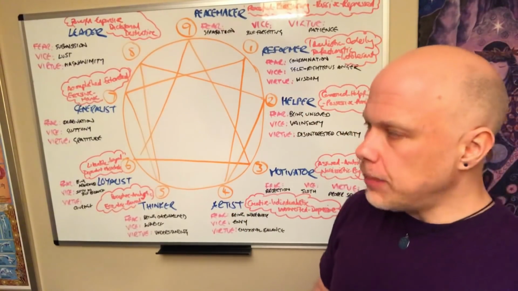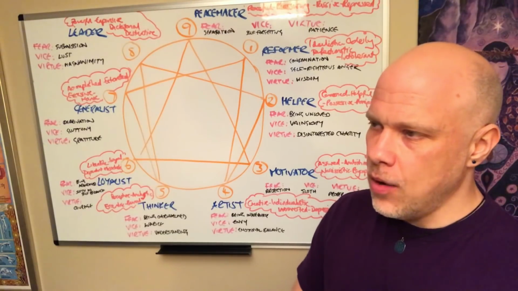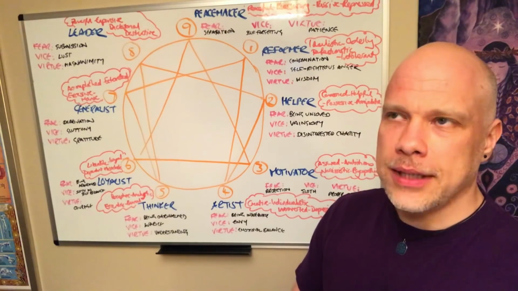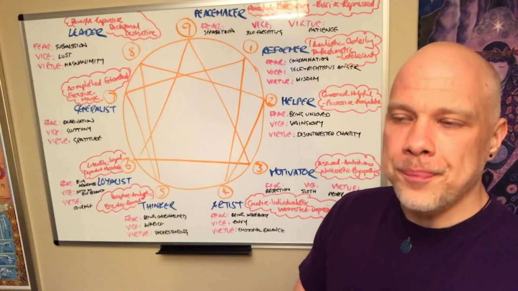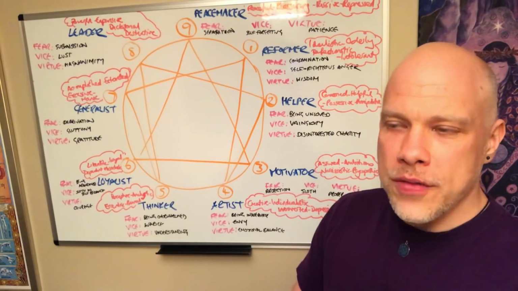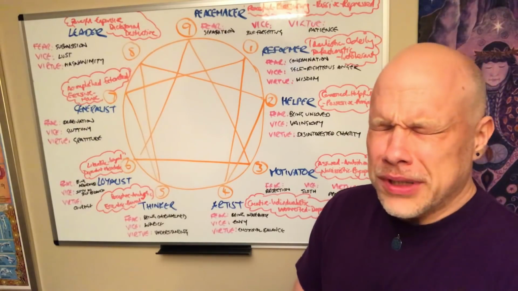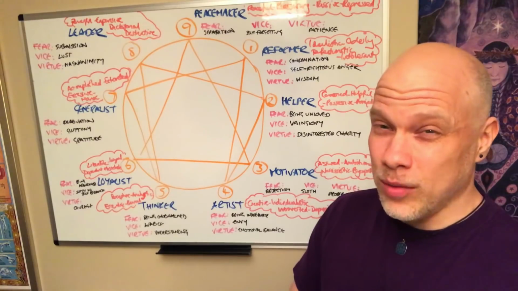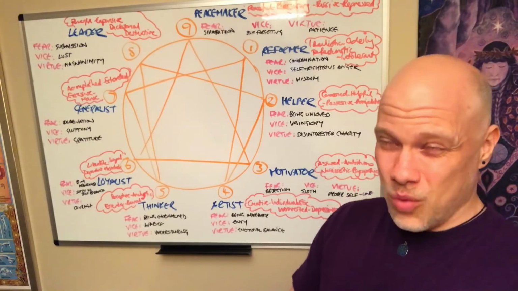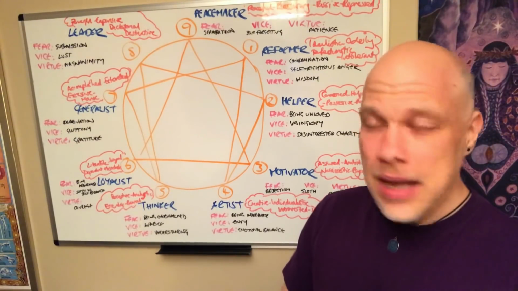But somebody once said to me that you really start to know your type when you look at the description and you feel that it hits the nail on the head of where you're not quite as balanced as you could be.